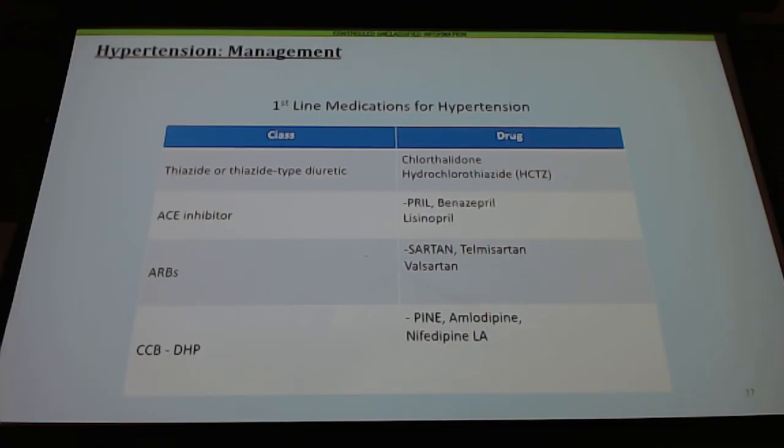It comes down to your thiazide diuretics, your ACE inhibitors, your ARBs for those who can't tolerate the ACEs, and then your dihydropyridine calcium channel blockers, so your -dipine medications. Those are your primary first-line agents. If your patient is on one of those medications, you are meeting the standards of care.